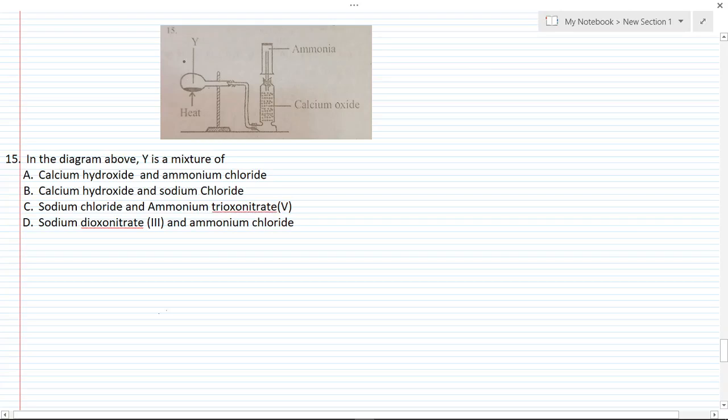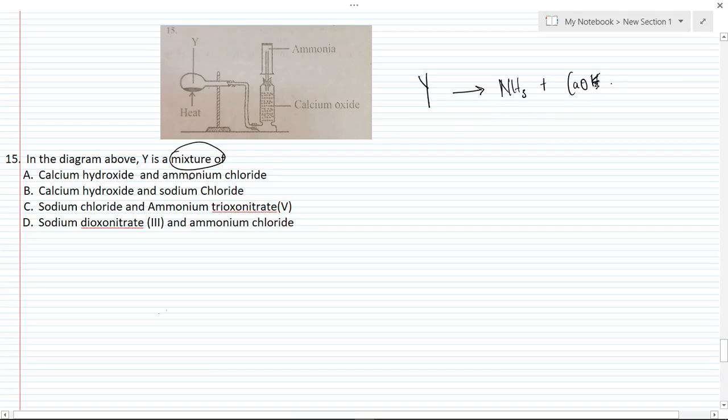Pretty much Y was heated and you got products ammonia and calcium oxide. So we have something like this: Y gives ammonia and CaO. But Y is a mixture, so it contains two compounds. So it means two compounds would react to give us ammonia and calcium oxide.